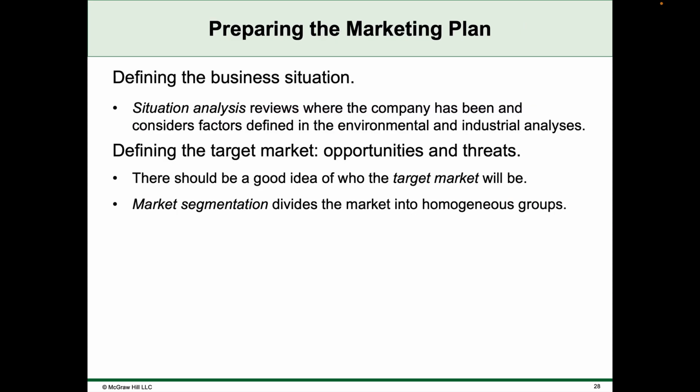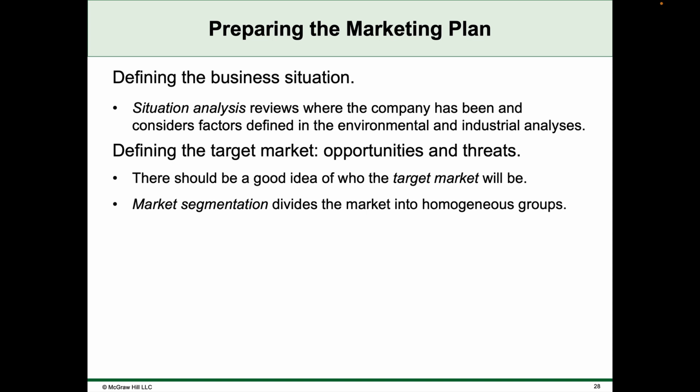So to prepare your marketing plan, first you'll need to do a situation analysis. And this is, as we said, a review of where the company has been and considering specifically any environmental and industry analysis factors that may impact your business. Here's where you would define the target market.